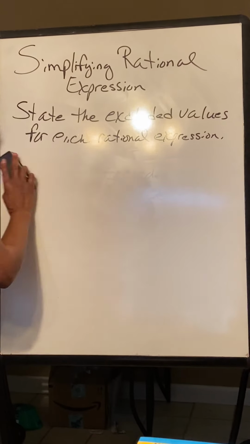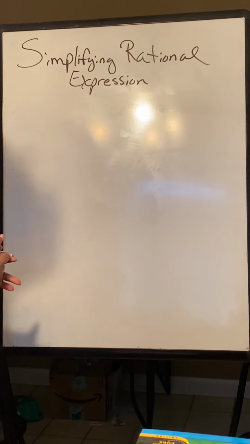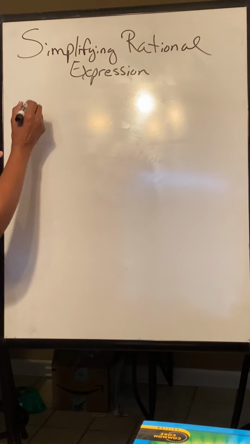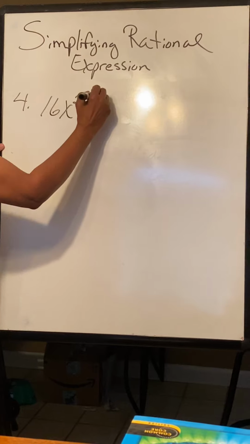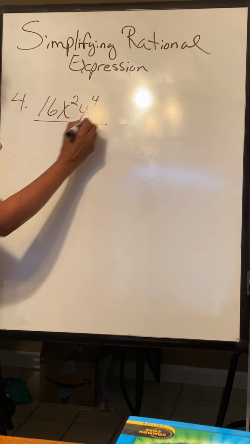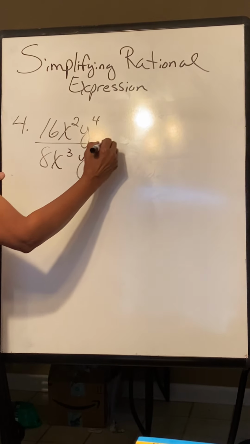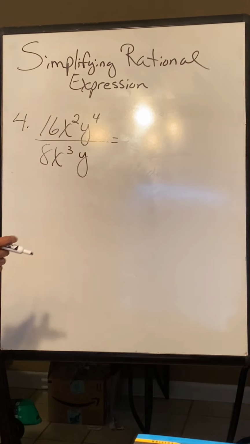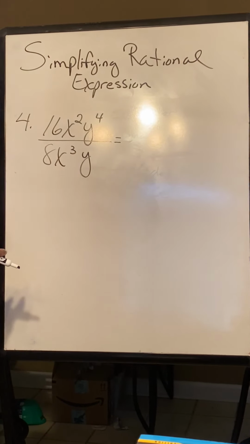Now we're going to simplify some rational expressions. Example 4. If I had 16x squared y raised to the 4th divided by 8x to the 3rd y. On this particular problem, you need to recall your rules for dividing like bases.